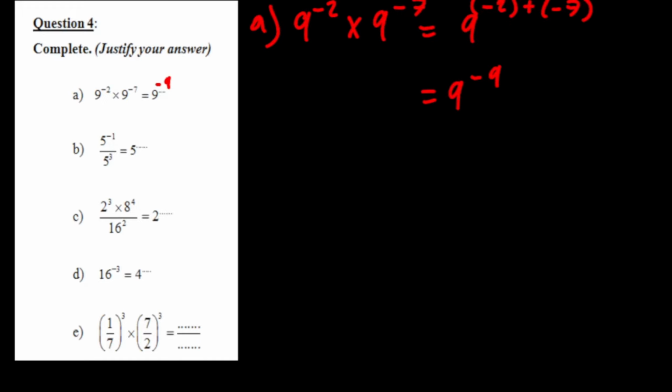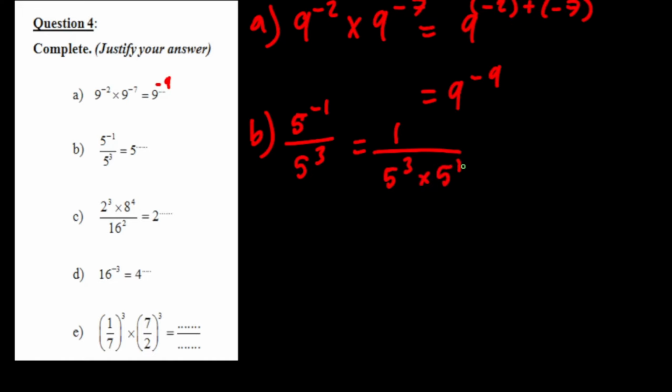Now moving on to B, where we have 5 to the power of negative 1 over 5 to the power of 3. So 5 to the power of negative 1, that's the same as 1 over 5. So we can take the 5 from the numerator down to the denominator. So we have 1 over 5 to the power of 3 multiplied by 5 to the power of 1.